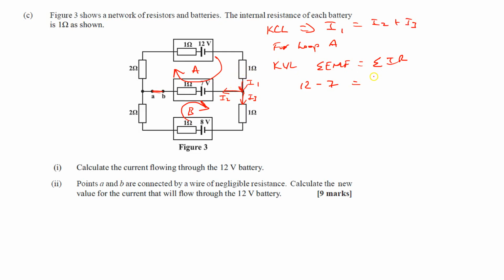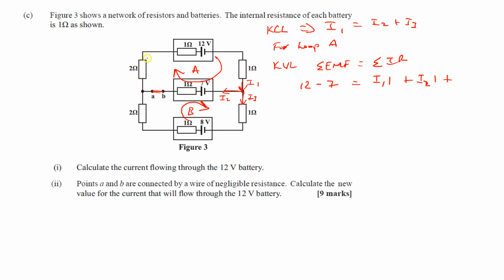So I have I1 times 1, right? Plus, I2 is flowing through the internal resistance right here. So I2 times 1 again, plus, when the current reaches here, it's going to flow up.